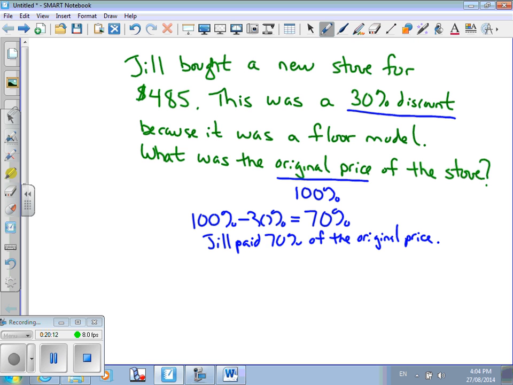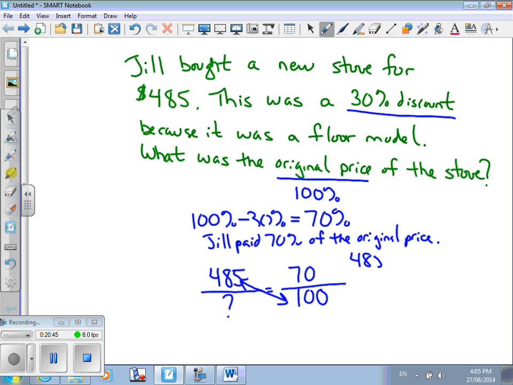So, setting up our fractions, we know that the $485 is 70% of the original price. So if we use $485 as the 70%, we should be able to figure out that unknown piece, which is the original price.